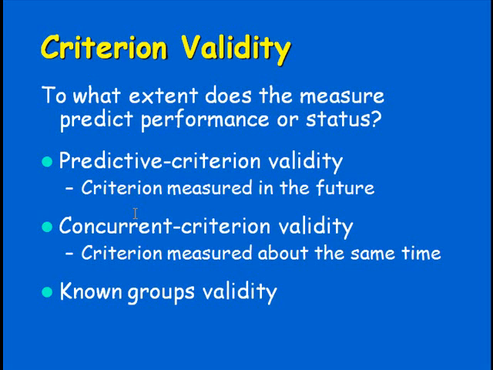If the correlation had been high, 0.7, 0.8, then we would worry about what we were measuring. Are we measuring eating disorders? Are we measuring teenage angst? Or whatever. So that's an example of known groups validity.